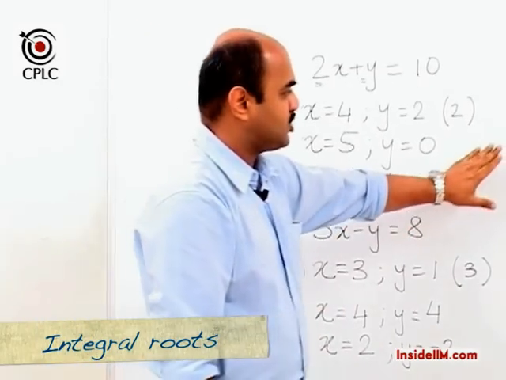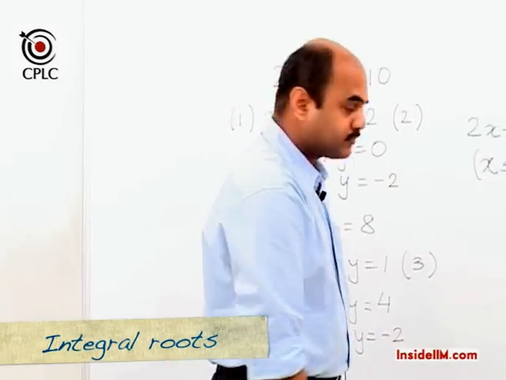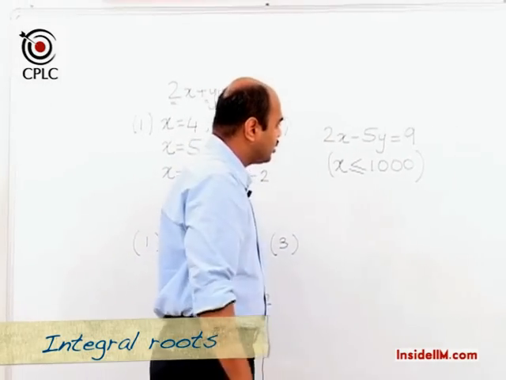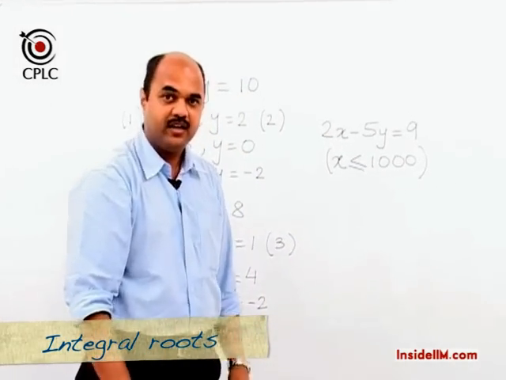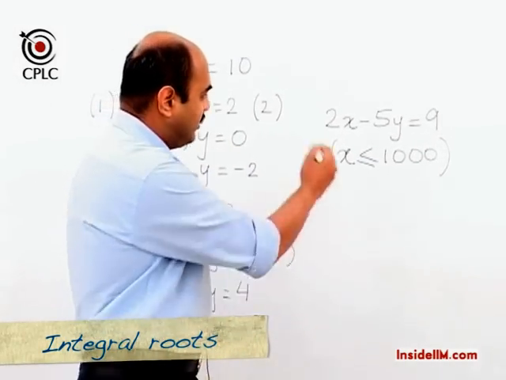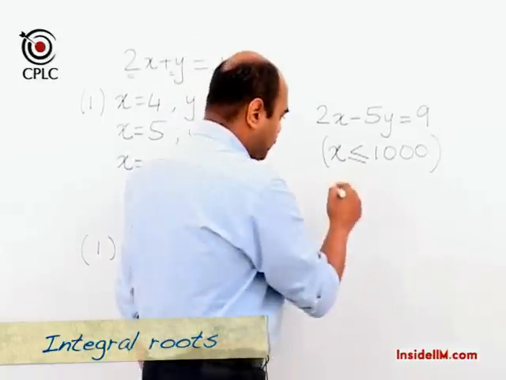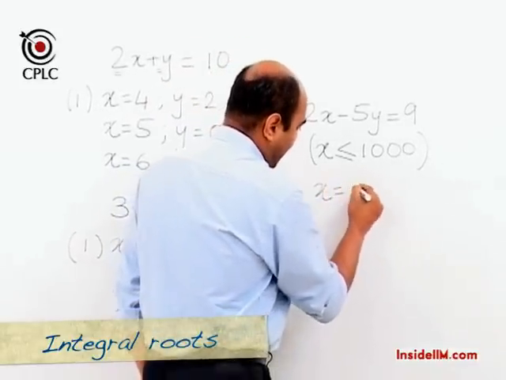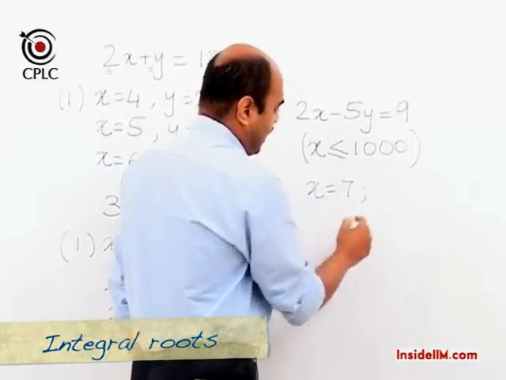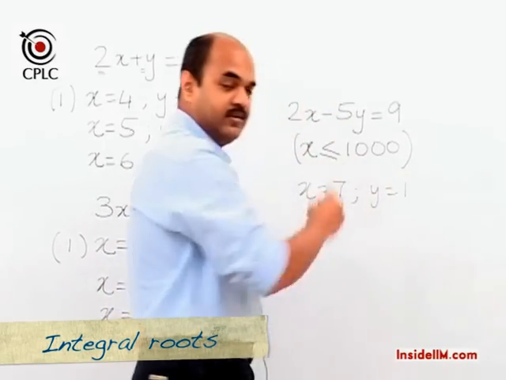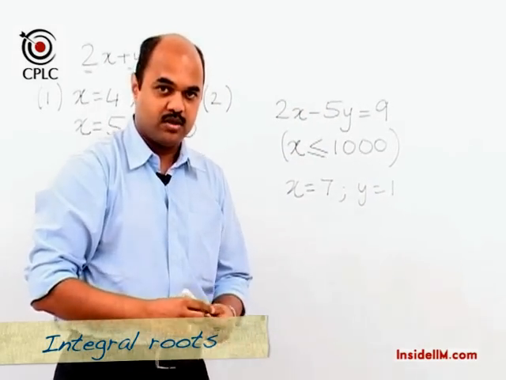Building on this, let's try and solve such an example. So we have an equation 2x minus 5y is equal to 9. So if we try to write down a possible solution, x equal to 7 and y equal to 1 is a possible solution.